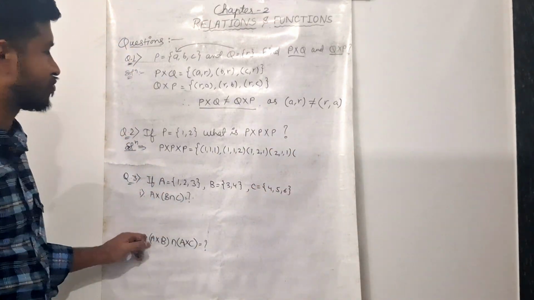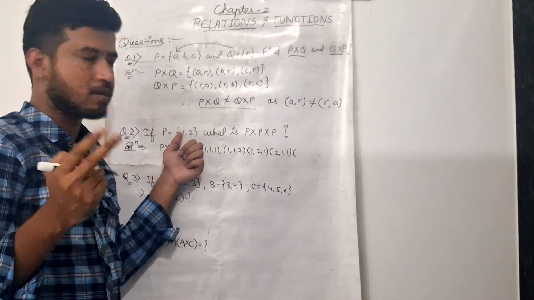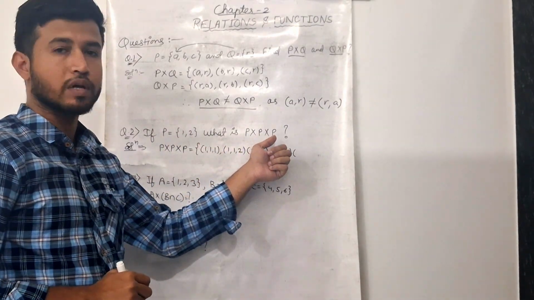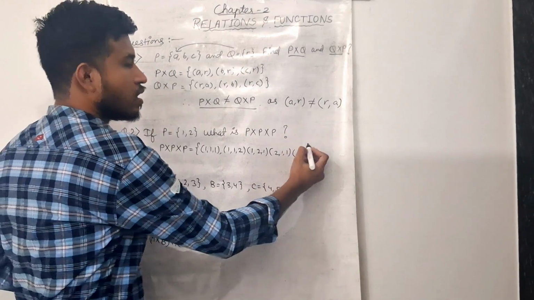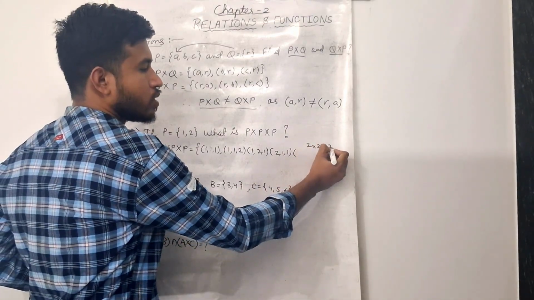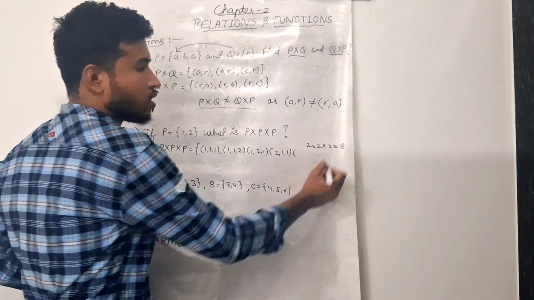Now, if P has two elements, P cross P cross P has 2 times 2 times 2, that is 8 elements.